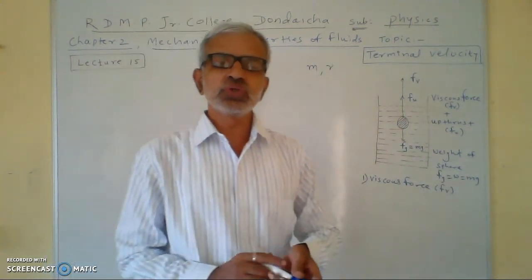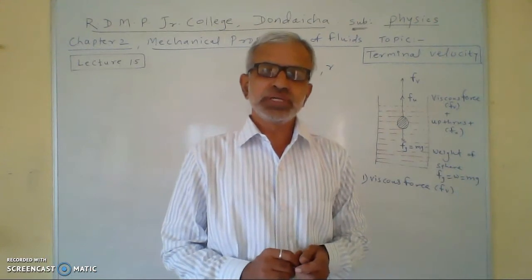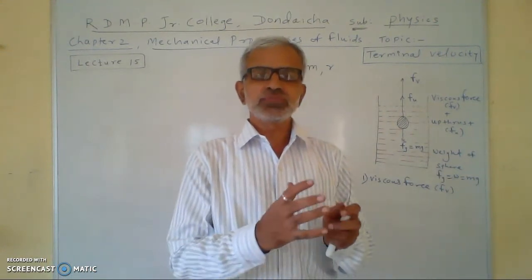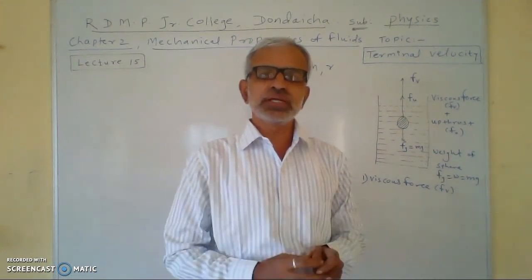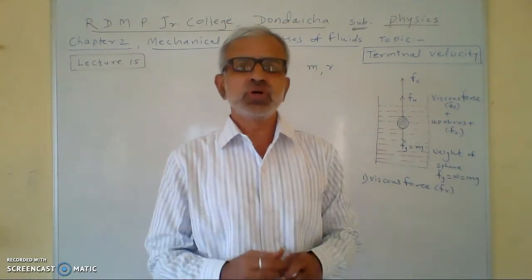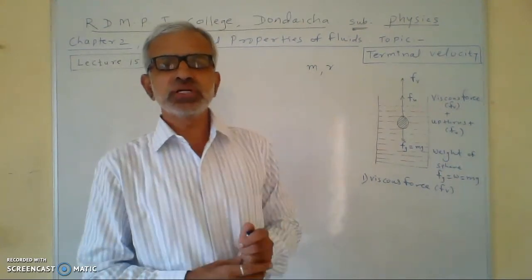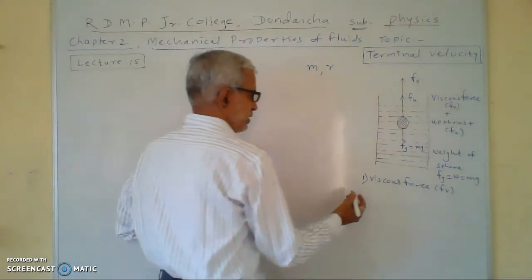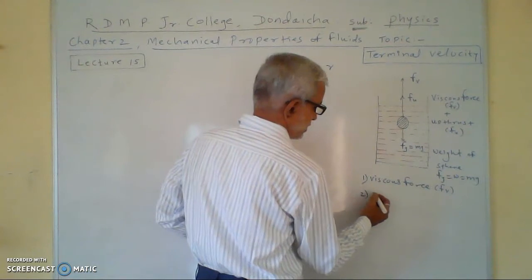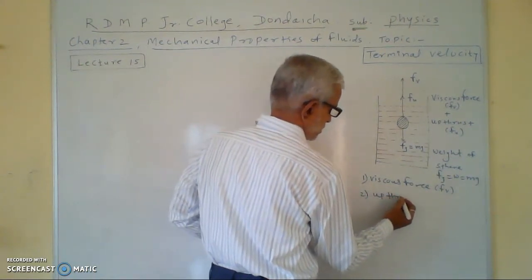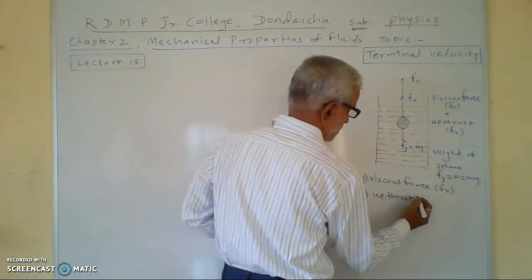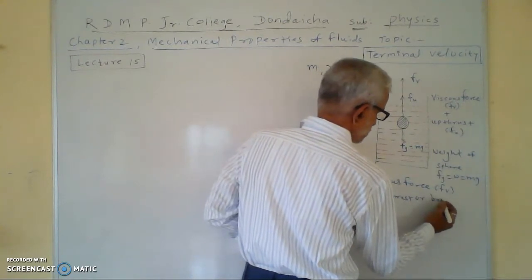This viscous force is between the molecules of the metal sphere and the fluid molecules. It is acting in upward direction. Then the second force acting is the upthrust, or it is also called a buoyant force.